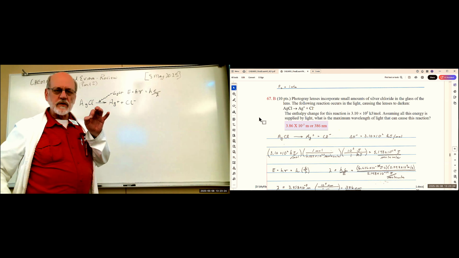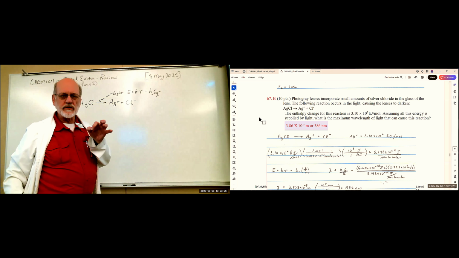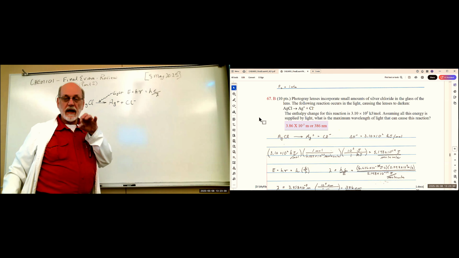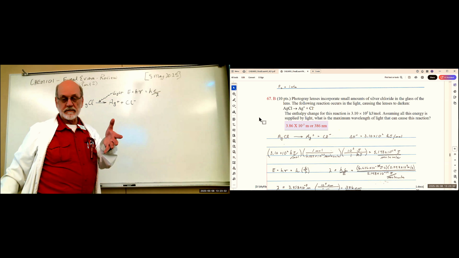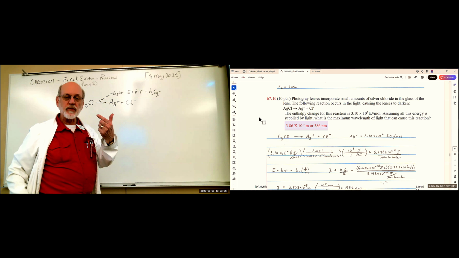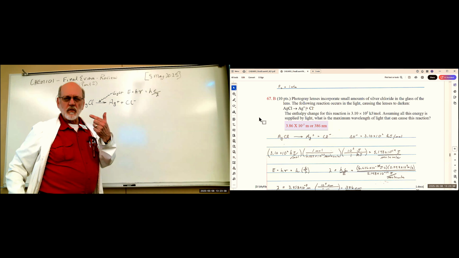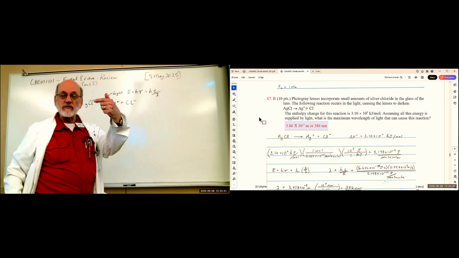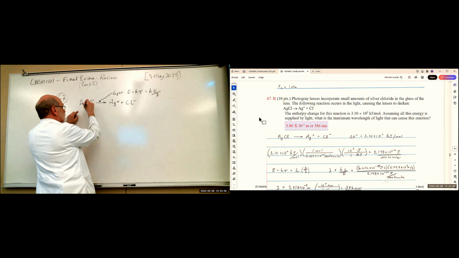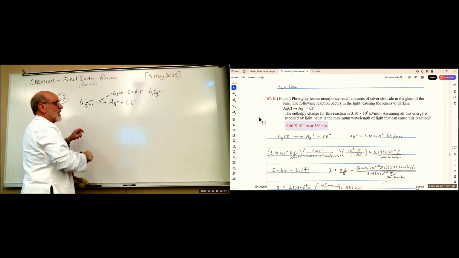So what we want to do is solve this equation for a mole of molecules, kilojoules per mole. So we're looking at how many joules for each molecule, because this wavelength comes in and it's going to strike that bond, break that bond.